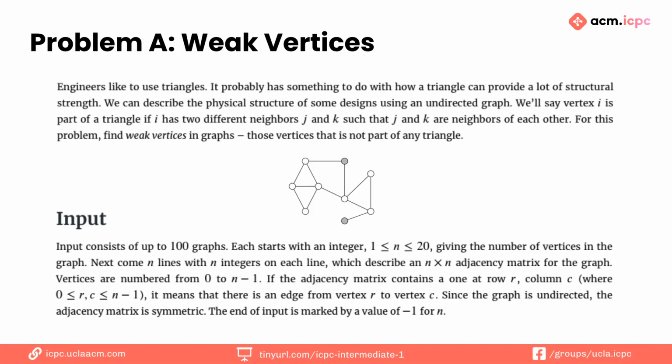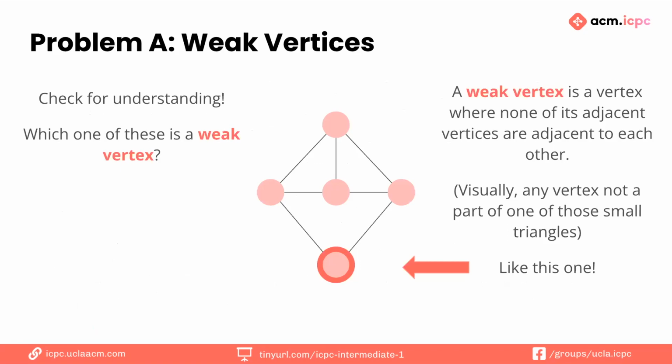Okay, hopefully that was enough time for you just to get an idea of what the problem is asking. You don't have to understand everything it's saying right now, because we will go over it. But essentially, what this problem is asking is for you to find what vertices in a graph are weak. And what they mean by weak is that it's not part of an immediate triangle.